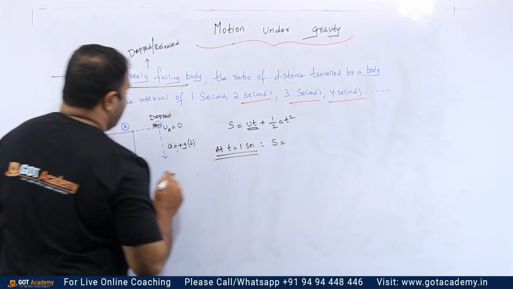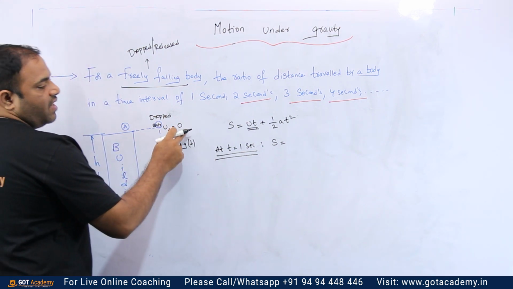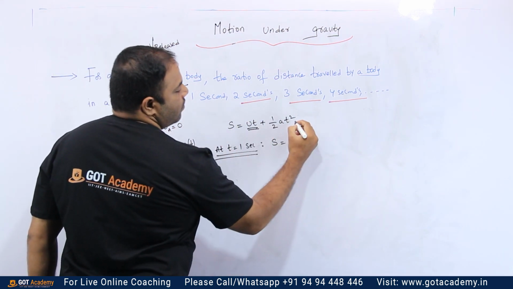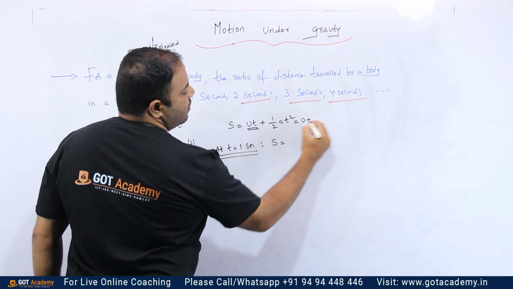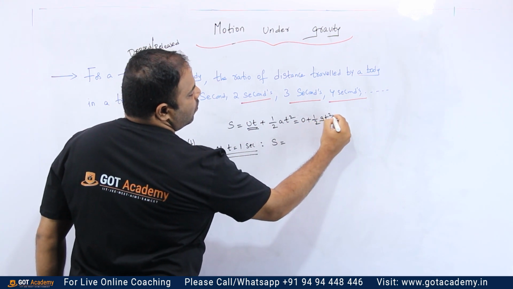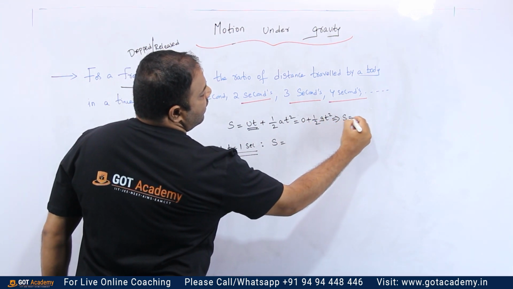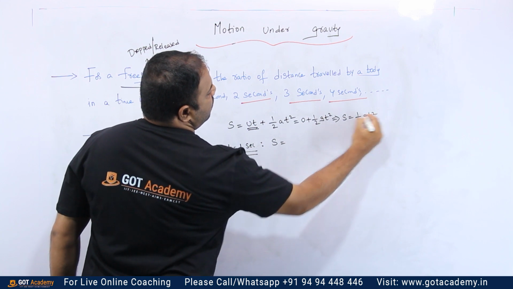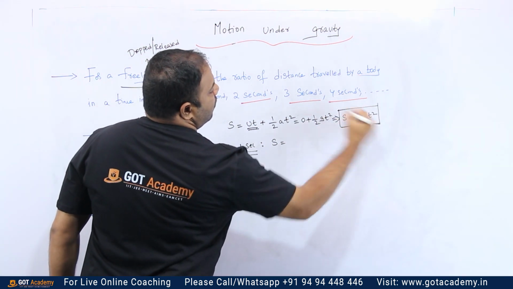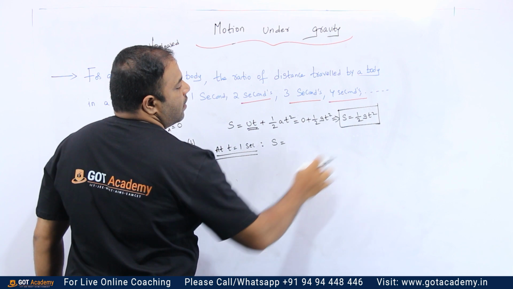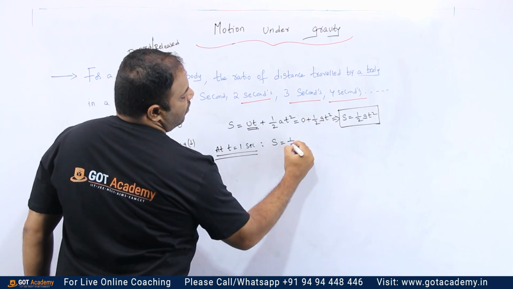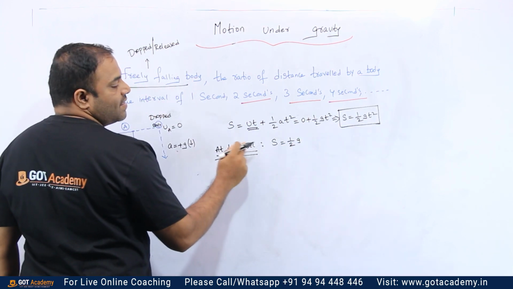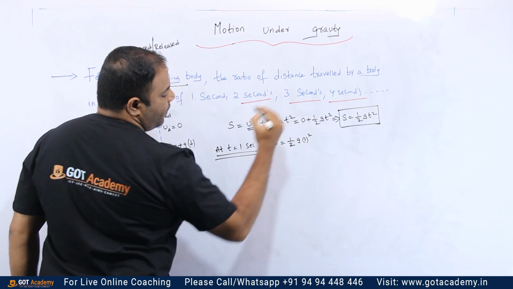This u for a freely falling body is equal to 0, so this part is 0. So, 0 plus half g t square. So, directly I could write s is equal to half g t square. This is only for a freely falling body. So, s is equal to half g, and for 1 second, I will write only 1 square.